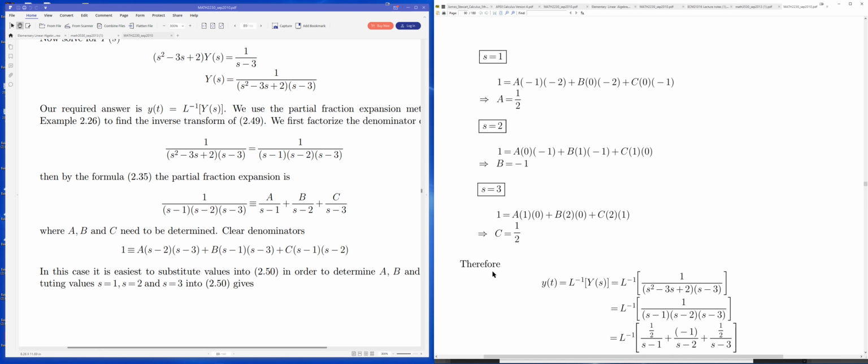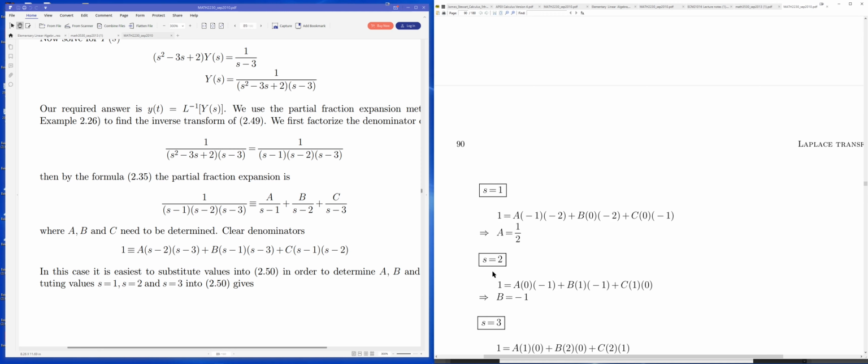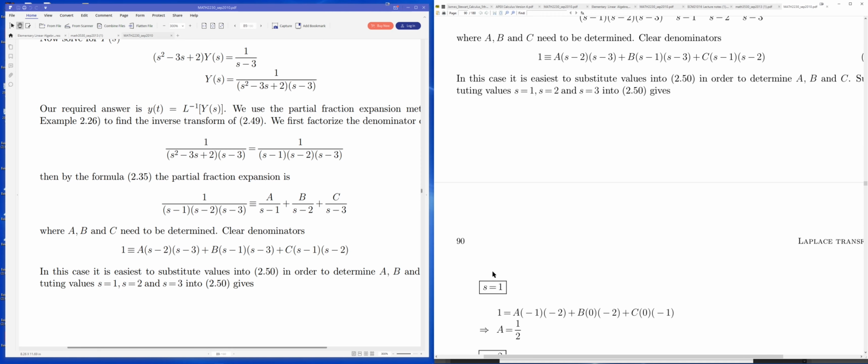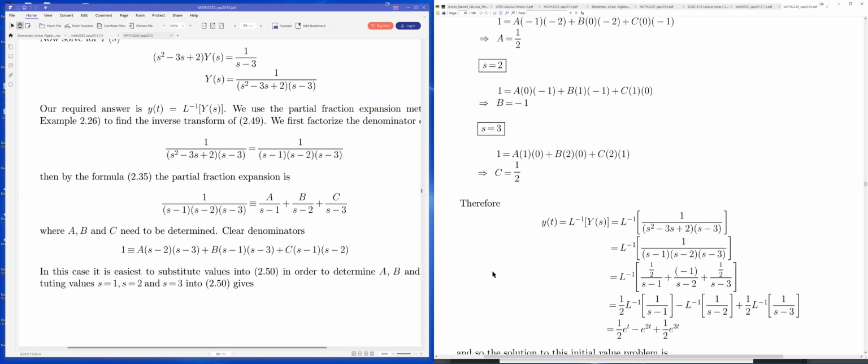Okay, so I wrote the y of s in terms of partial fractions. This is the y of s inside here. And to get what I want, the y of t, I need to take the Laplace inverse of the y of s. You factorize your denominator, then you use partial fractions.